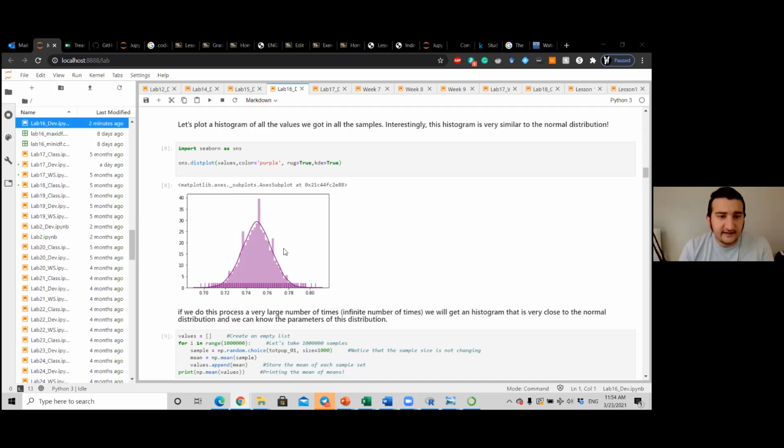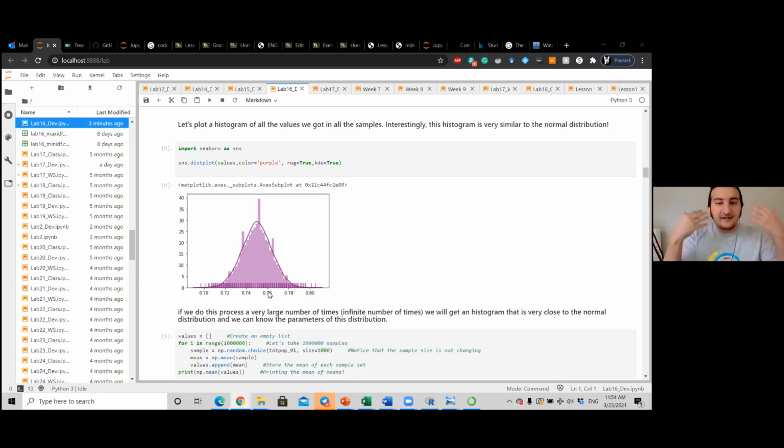So the true mean? Let's say that the first sample I got gave me an average of 74%. I would be at this point on this histogram, correct? The next sample would give me a 76. I would be at this point of the histogram. The more samples I get, the higher frequency I will see in these numbers.